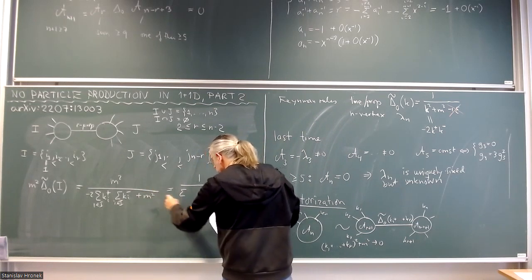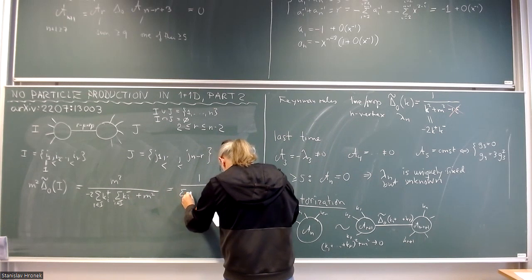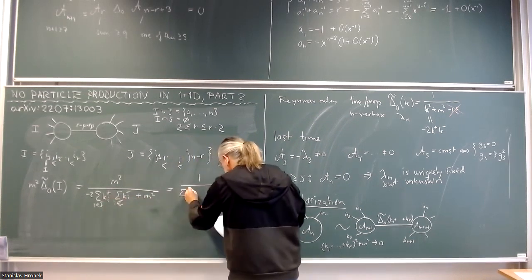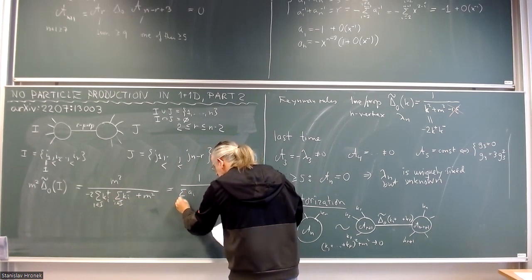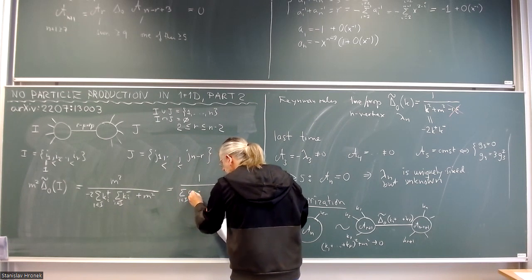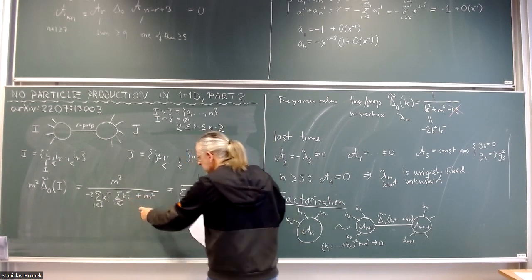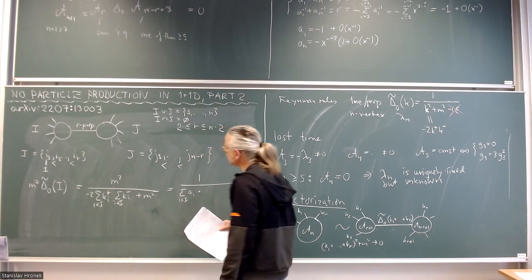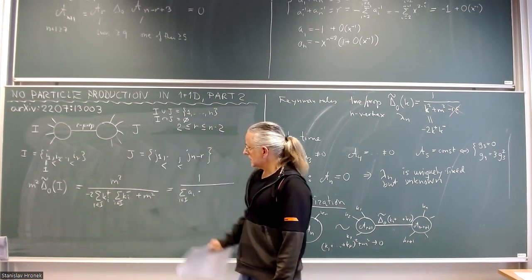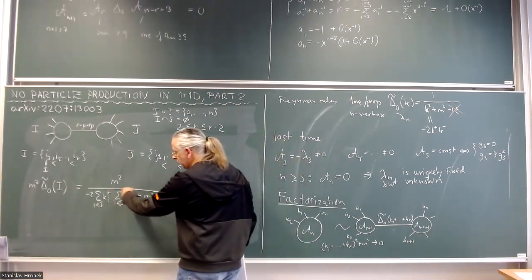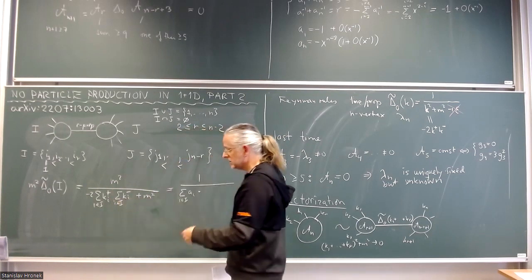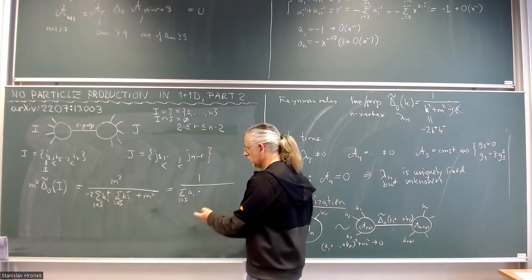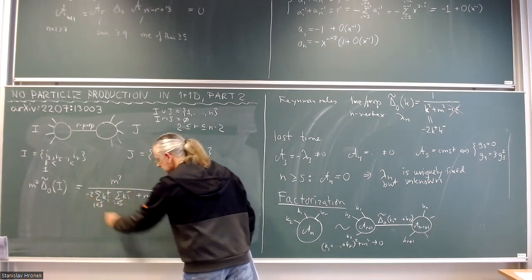There was a square root of 2 that goes away, and so the k plus becomes basically A_i, i belonging to I, and for the k minus, I will actually pick the J states instead, but I know from momentum conservation that that's the same as putting a minus, and that takes away that minus here.